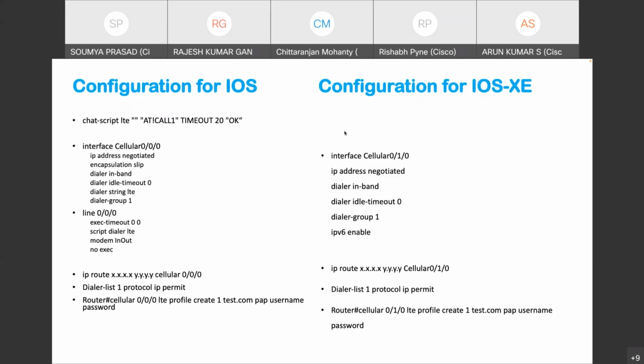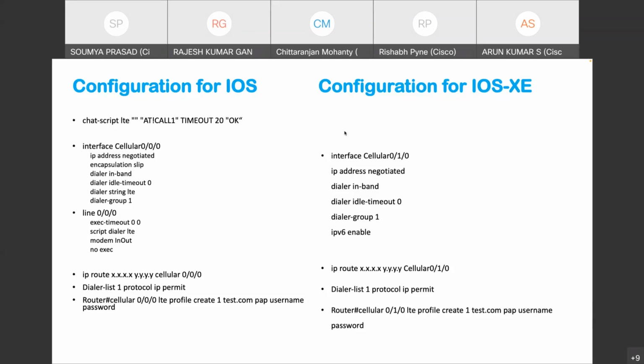The common configuration related to both of them is the cellular interface configuration, the dialer configurations, the IP address negotiated, and the dialer in-band configuration. These are common in both IOS and IOS XE. Along with that, the default route, the dialer list, and the profile configuration.